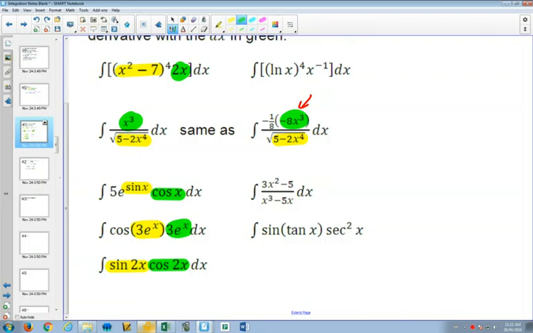Just going to the column on the right, here we have the natural log of x inside of a power function. And the derivative of that is 1 over x.